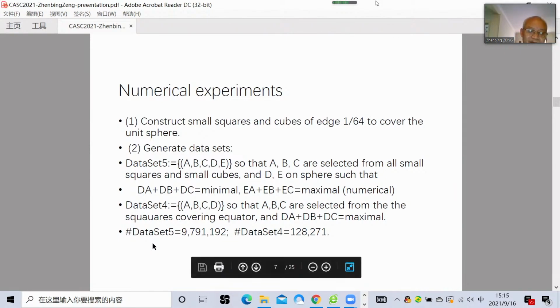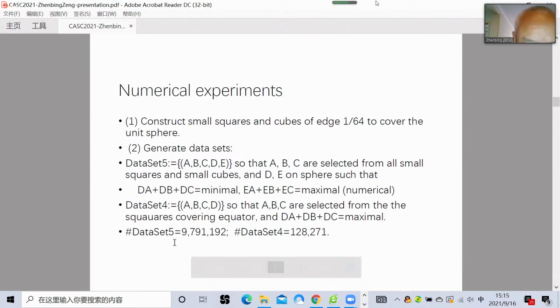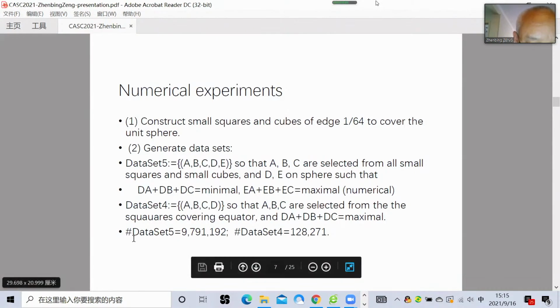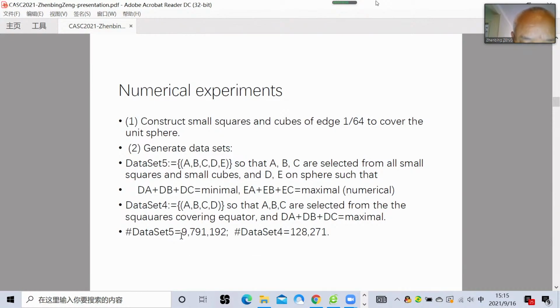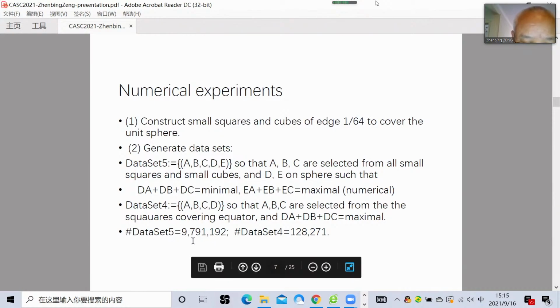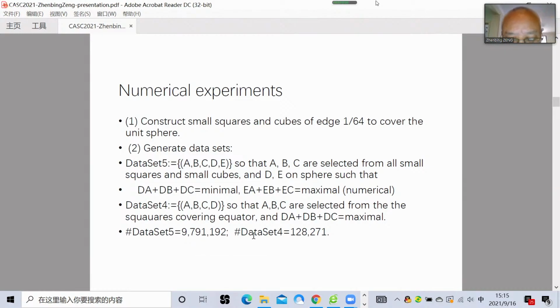This is not difficult for a computer to do. Then we found that the cardinality of data set 5 is 9.79 million, and data set 4 is only 128,000.